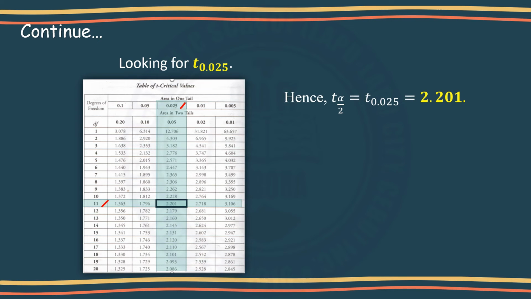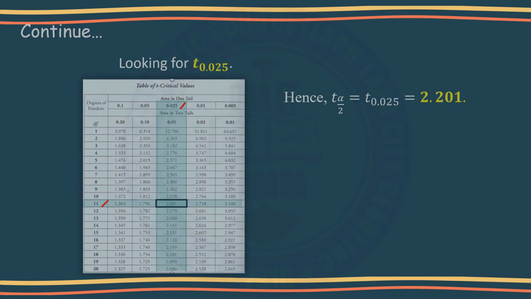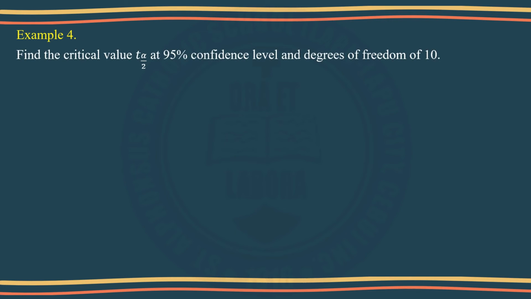Again, the critical value of t sub 0.025 is equal to 2.201.